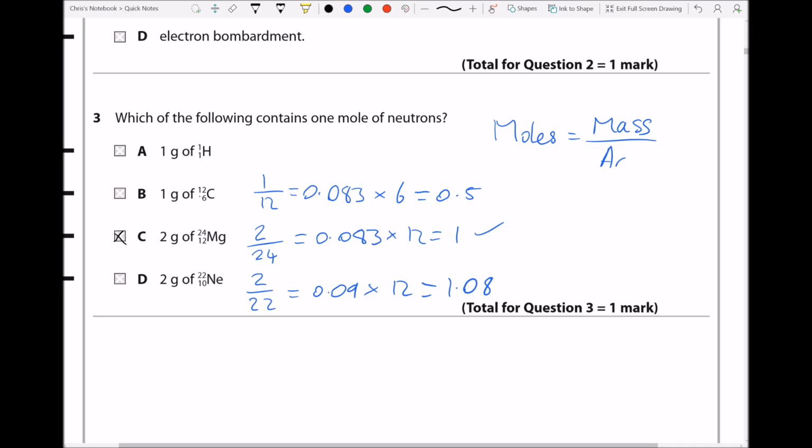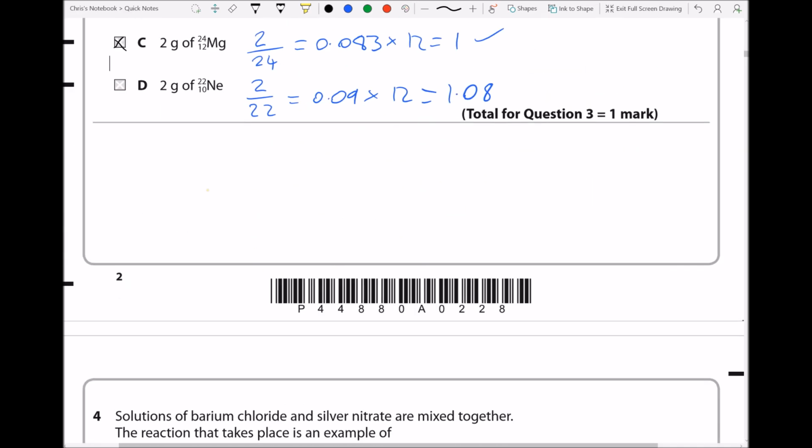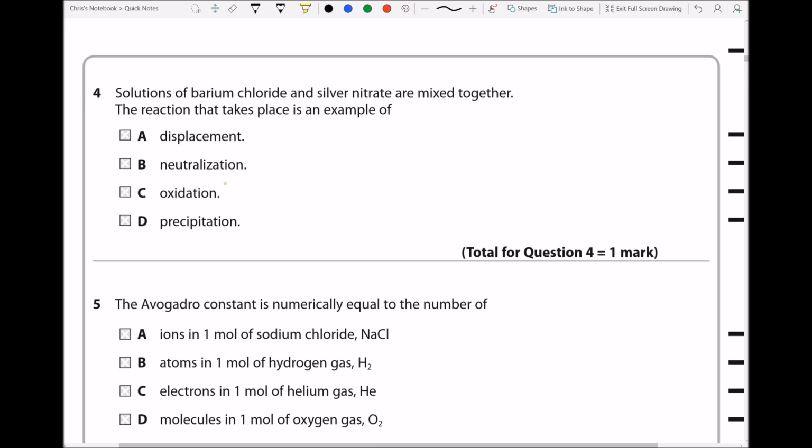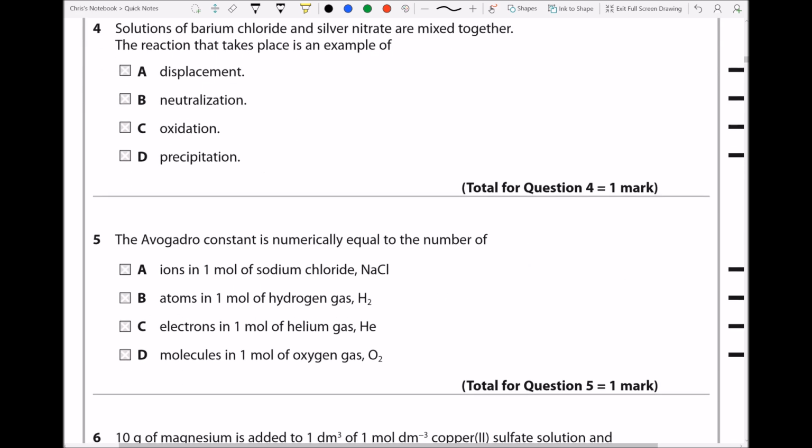Okay, right. So the next bit, which is question 4, says the solutions of barium chloride and silver nitrate are mixed together. The reaction that takes place is an example of. Right. Now, what we're going to form here is, obviously, barium nitrate and silver chloride.